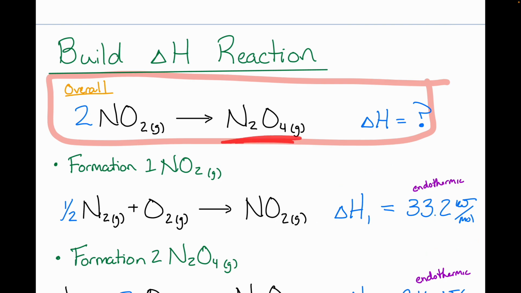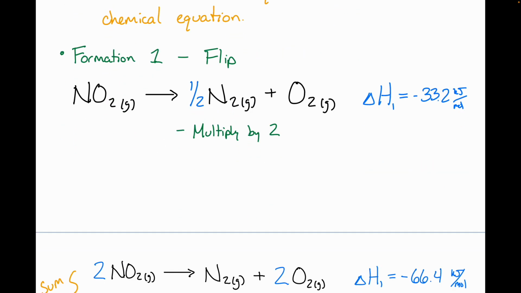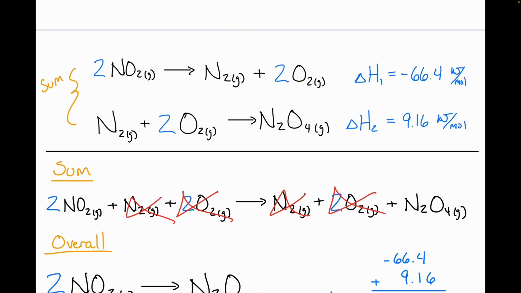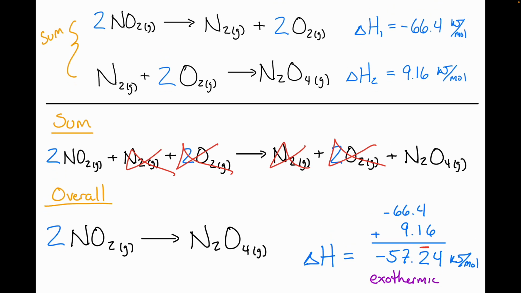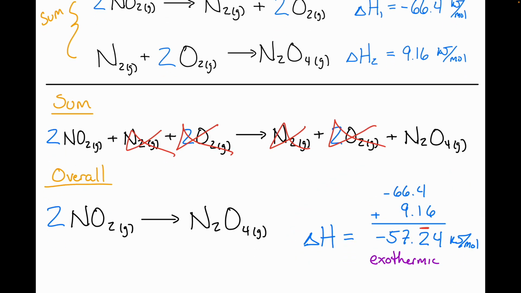We took our product, broke that up into its formation equation, looked up the delta H of that reaction. And then we took these two formation reactions, we flipped, we multiplied by 2, and combined them together, summed them back up, and that allowed us to get the delta H of the overall reaction.